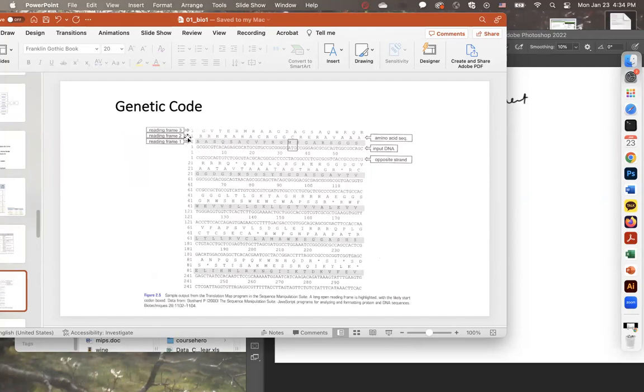So you have three basic reading frames where the actual amino acid will be starting off. So even though you have one sequence, you need to find out which nucleotide is the beginning of the codon sequence.